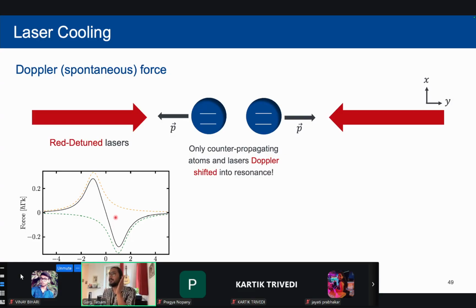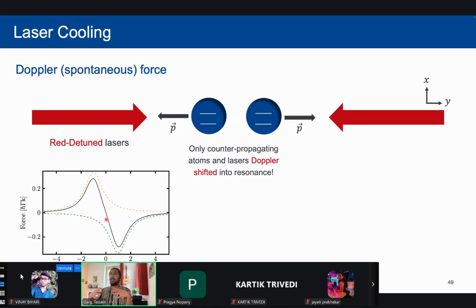Now, think about the friction force that you've learned in your school classes, right? How do you model the frictional force experienced by a particle moving through a viscous fluid like water or glycerine or oil or whatever? You always model this with a linear frictional drag, right? This is exactly what this force is doing to your atoms.